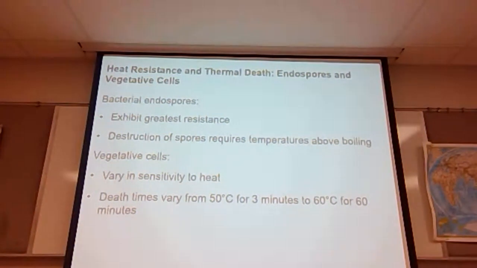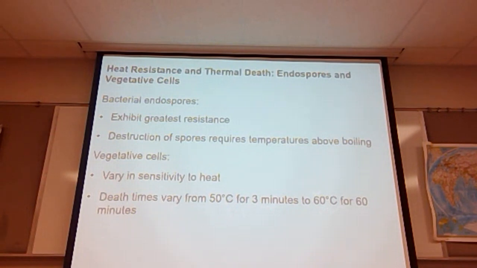Vegetative cells are going to vary in their sensitivity to heat. Death can vary from 50 degrees Celsius for 3 minutes to 60 degrees Celsius for 60 minutes, just depending on the different type of cell you are dealing with.